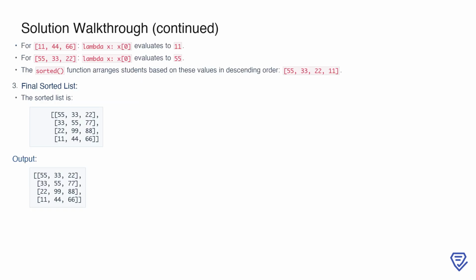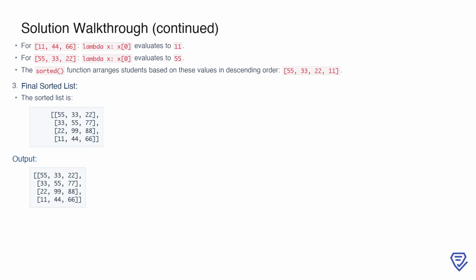The lambda function evaluates the first subject's score for the remaining students. For 11, 44, 66, it returns 11, and for 55, 33, 22, it returns 55. Once all the sorting keys are determined, the sorted function arranges these scores in descending order because of the reverse equals true parameter.